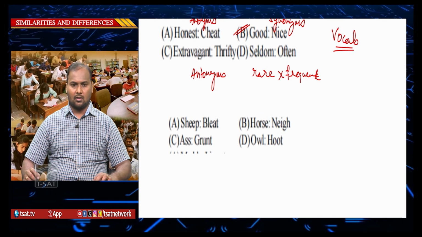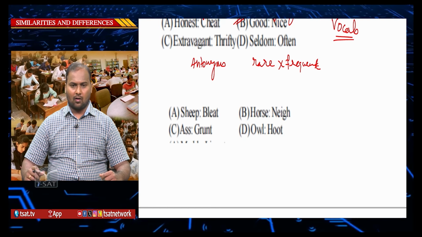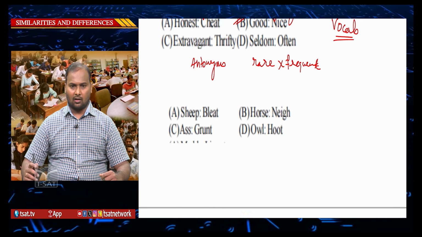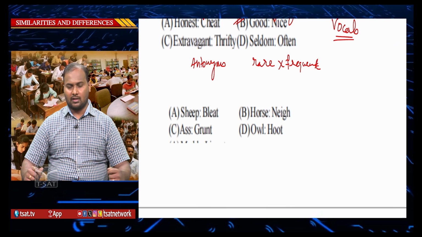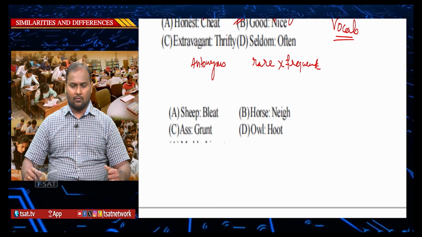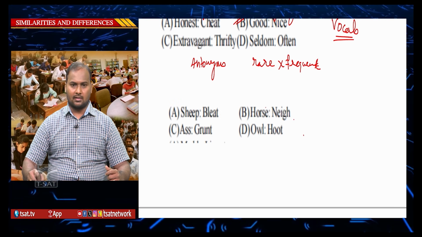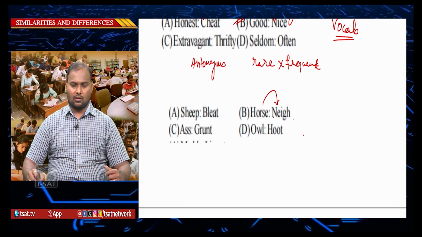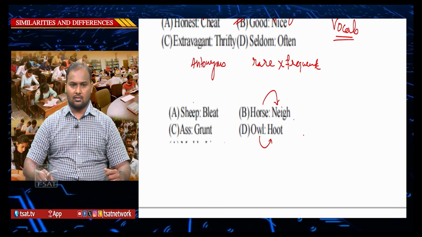Next one. See the next question. Sheep bleat, horse neigh, ass grunt, owl hoot. Here it is talking about general knowledge regarding the sounds produced by different animals. For example, the sound produced by the horse is called neigh. The owl, it is called hoot.